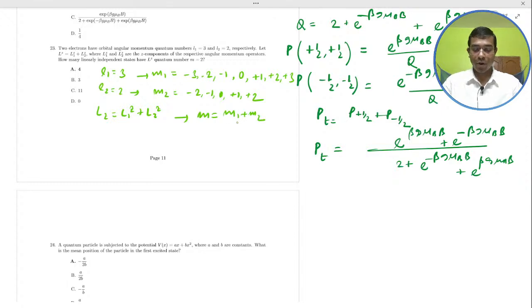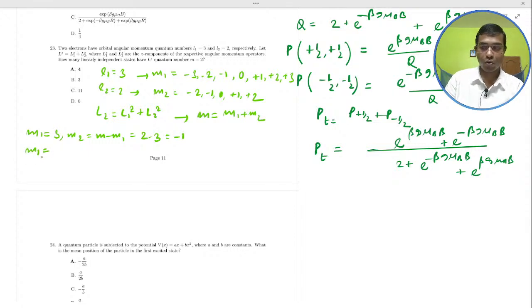The possible values of m1 and m2 for m equal to 2 are permutations: m1 is 3, and m2 is m minus m1, that is 2 minus 3, minus 1. For m1 equal to 2, you would get the value of m2 as 2 minus 2, 0.